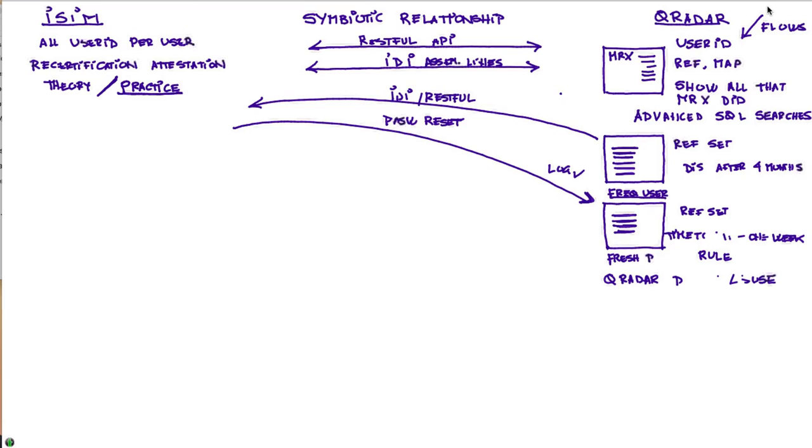Then QRadar produces a particular message that an IDI listening task is waiting for, and when the message gets produced, the user ID information is taken out of the syslog, and then IDI asks identity management to revoke the particular role that that person had because he abused it. It's a nice case that we show even in a live demo.